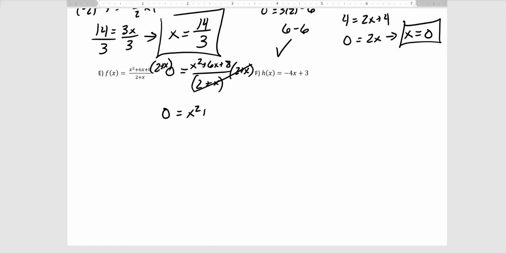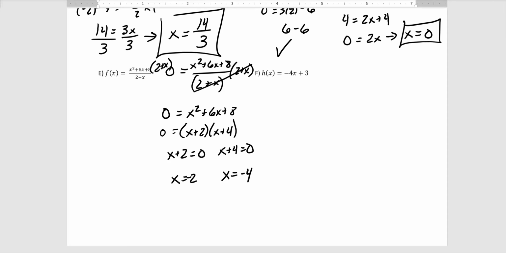So I'm left with x squared plus 6x plus 8. This one will factor, unlike our one from letter A. So I can say x plus 2, x plus 4 equals 0, which means set both of those equal to 0: x plus 2 equals 0, or x plus 4 equals 0. So I find that x equals negative 2, or x equals negative 4.